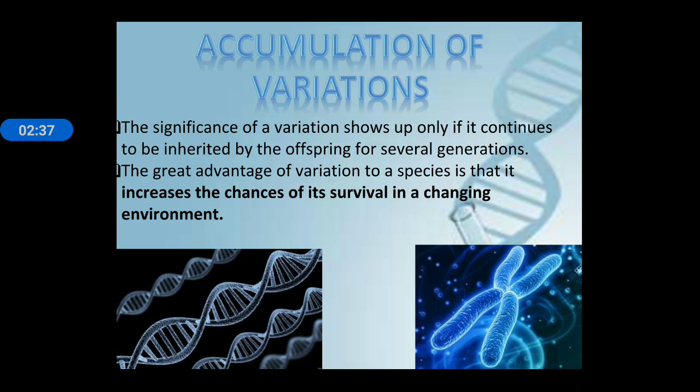Now these variations accumulate over generations. Variations are passed on from one generation to the next, and they get accumulated from generation to generation, and this will lead to the formation of a new species. This variation increases the chance of survival in a changing environment.